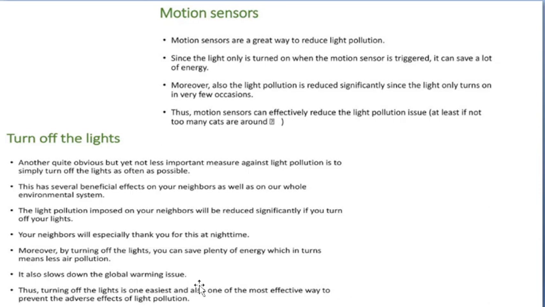Okay, so this has several beneficial effects on your neighbors as well as on our whole environmental system. The light pollution imposed on your neighbors will be reduced significantly if you turn off your lights. This is a simple step, that turn off the lights.